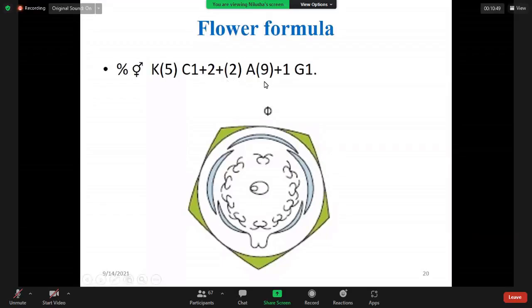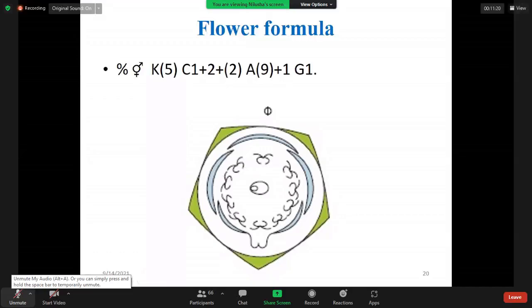Then next we will see the capital A within the bracket 9 plus 1. What is the capital A? Can you guess? Androecium. Why is this separated into 1 and 9 within the bracket, with plus 1? Can anyone tell?